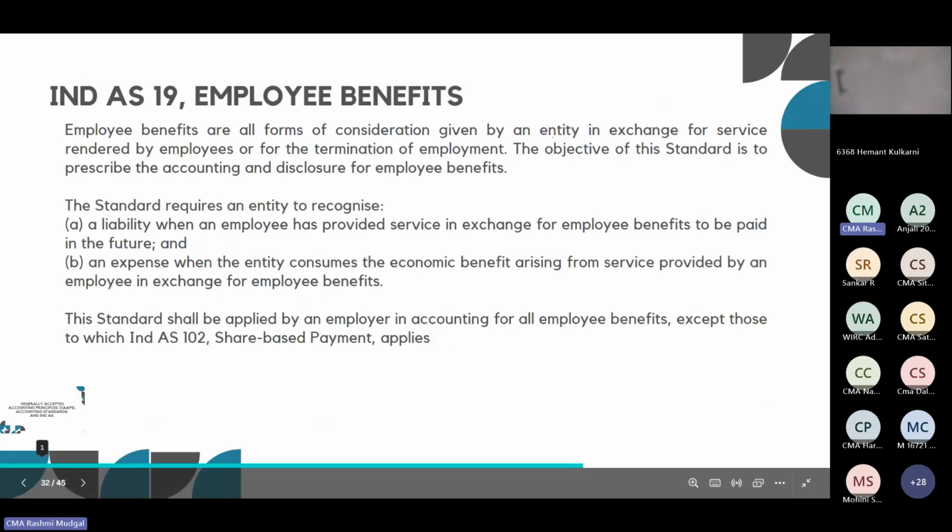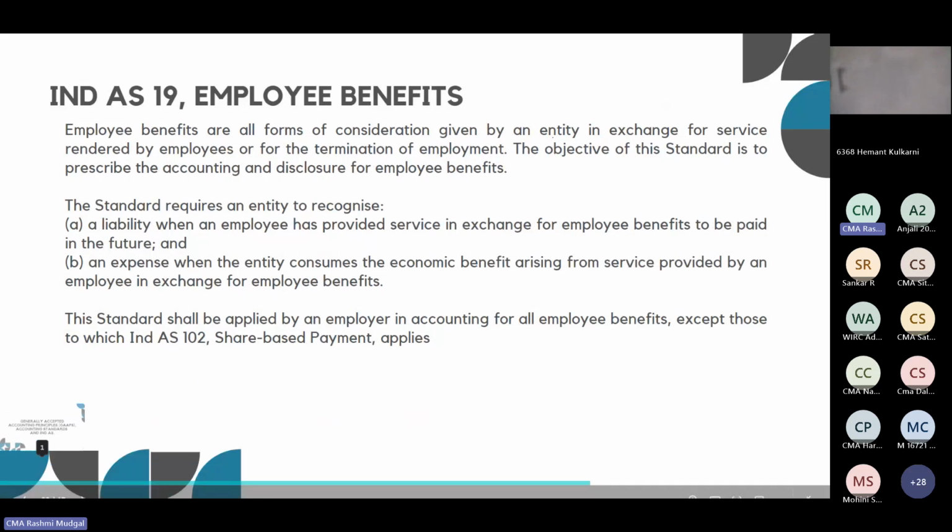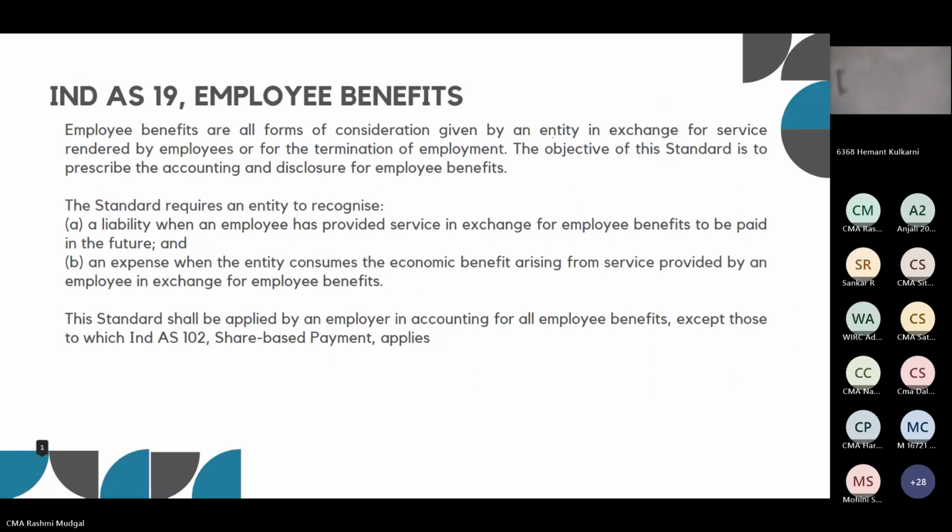Next I come to AS 19, that is employee benefits. What does employee benefit mean? It basically covers employee benefits which are short term and long term: the salaries, the PF, everything, even canteen facility needs to be accounted for as per employee benefits. Employee benefits are all forms of consideration given by an entity in exchange for service rendered by employees or for the termination of employment.